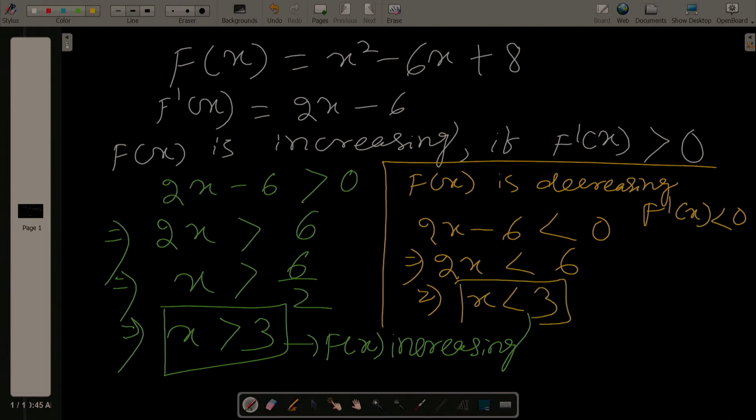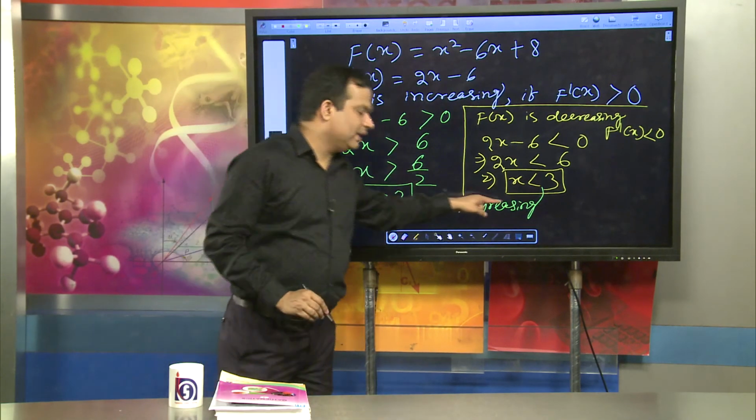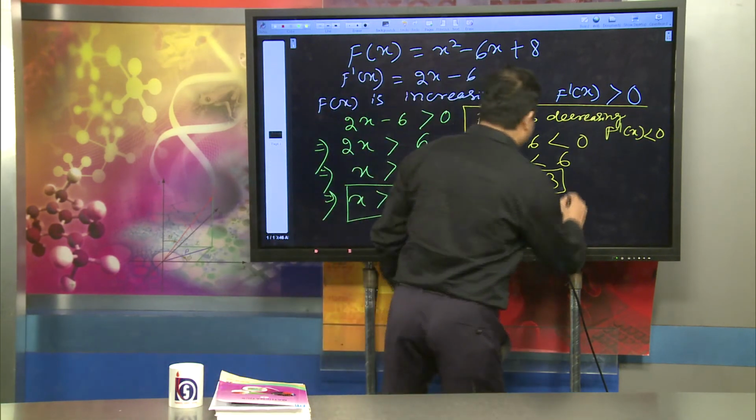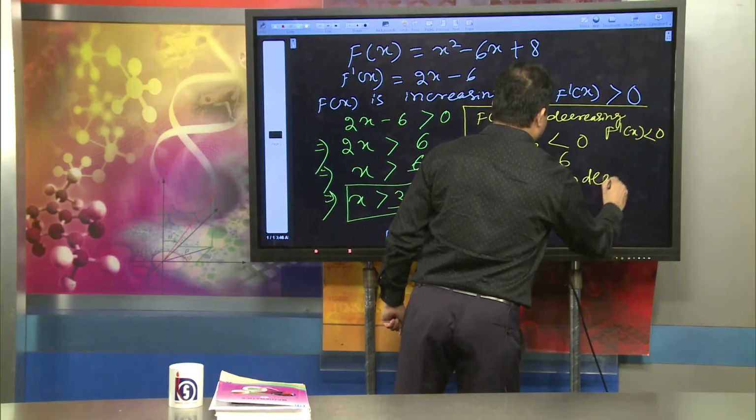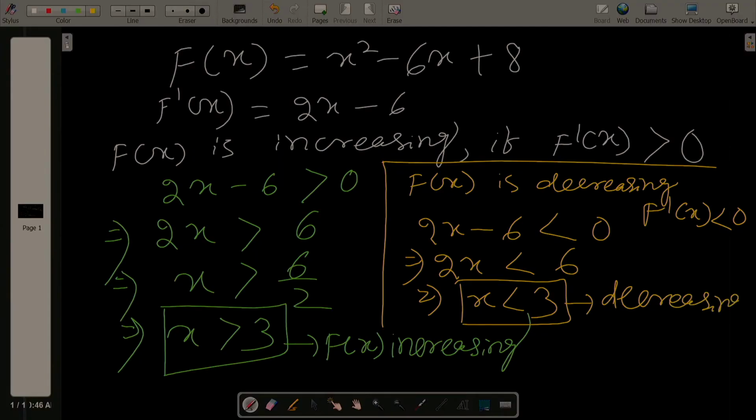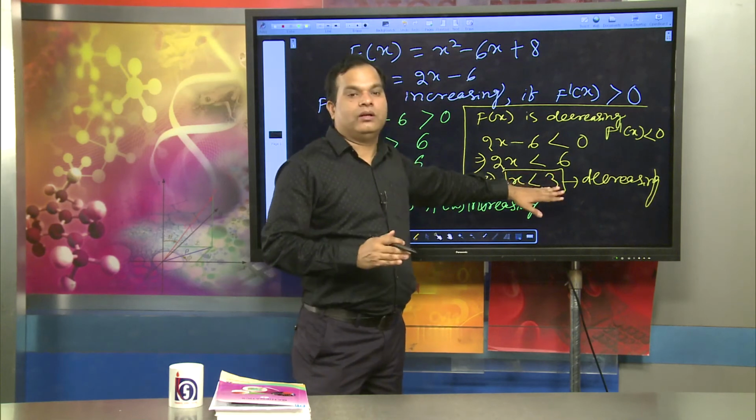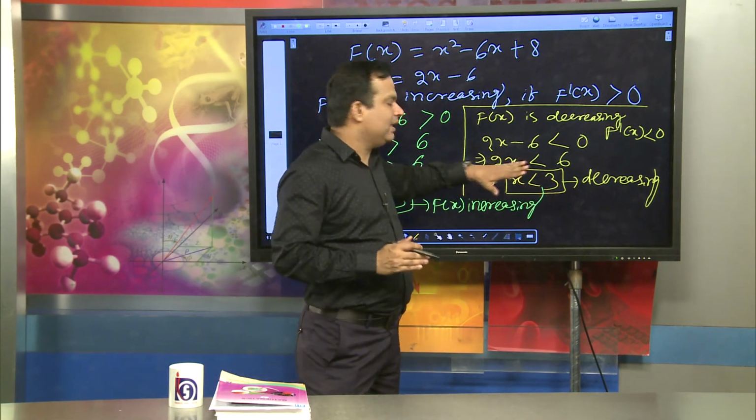So for x greater than 3, the function is increasing in nature, and for x less than 3, the function is decreasing in nature. So the function f of x equal to x square minus 6x plus 8 is increasing when x is greater than 3, and it will be decreasing if x is less than 3.